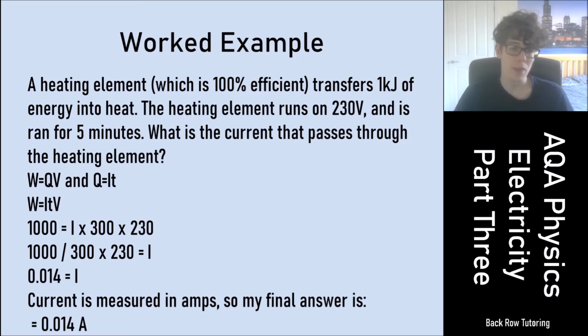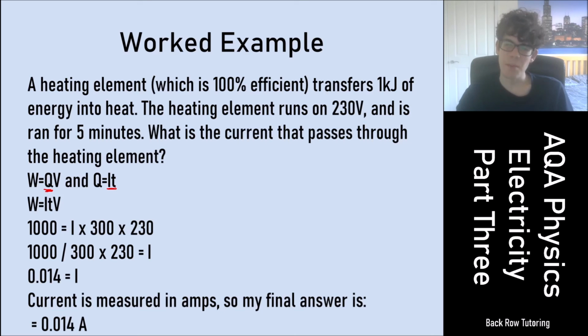So one way of doing this is to try and find out some value and plug it in, and then you plug that into the other formula. Another way of doing this is substituting one formula into the other. So we know that W is equal to QV, don't we? We also know that Q is equal to IT.